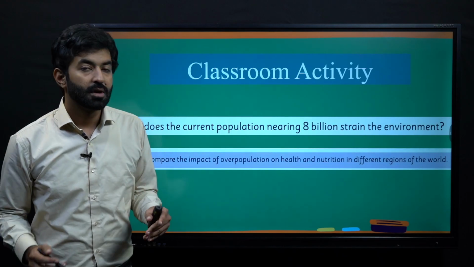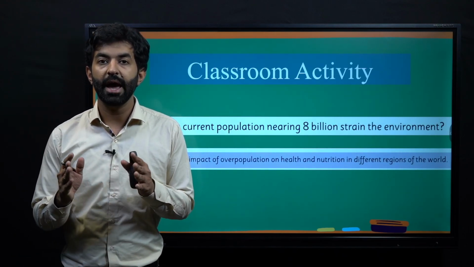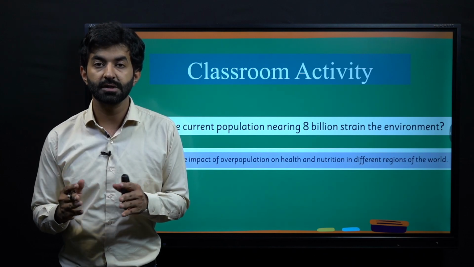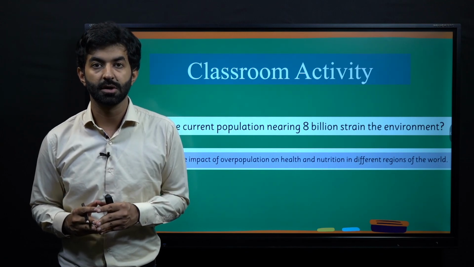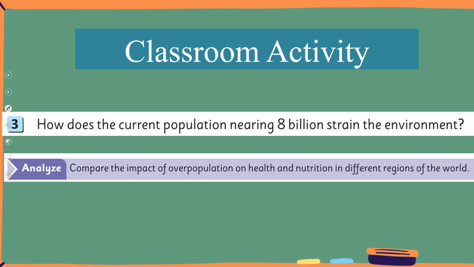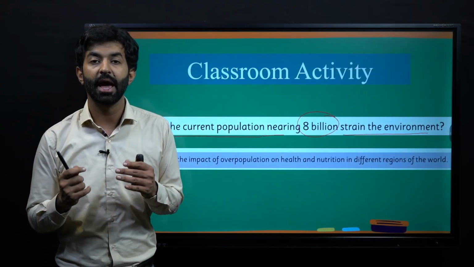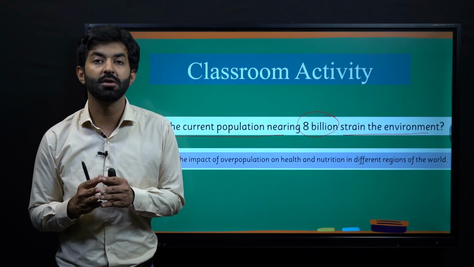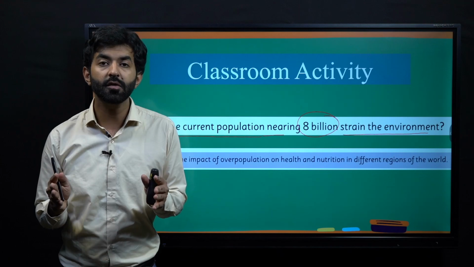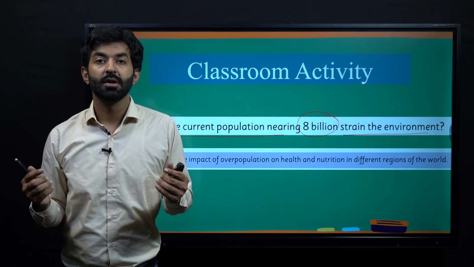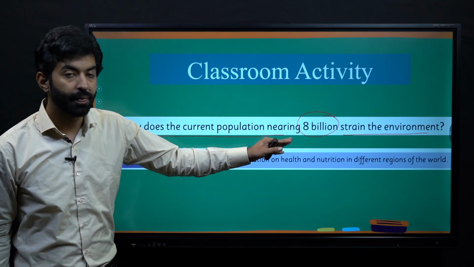Now students, after going through the text, we analyzed, we looked for evidences, facts, figures and numbers so that we can provide them in our answer. So after reading this, we can answer question number 3: how does the current population nearing 8 billion strain the environment? Now this is a very comprehensive and analytical kind of question that you need to answer. Go through the different paragraphs of the text and find the information based on this question.